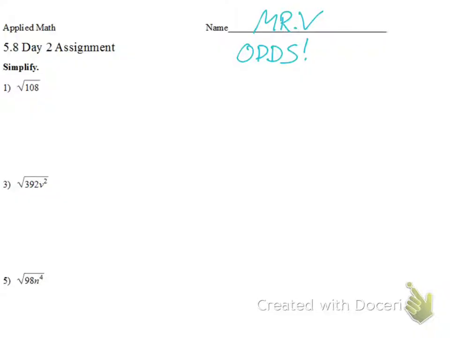All right, so number 1, simplify. So 108, I don't know off the top of my head what will go into 108, but I know it's even, so I am just going to do divided by 2. And you get 54, okay?